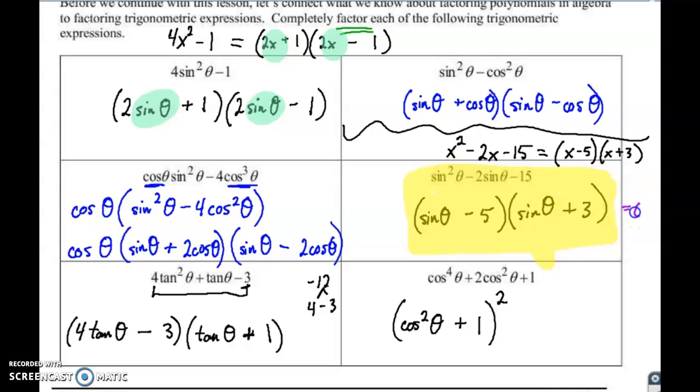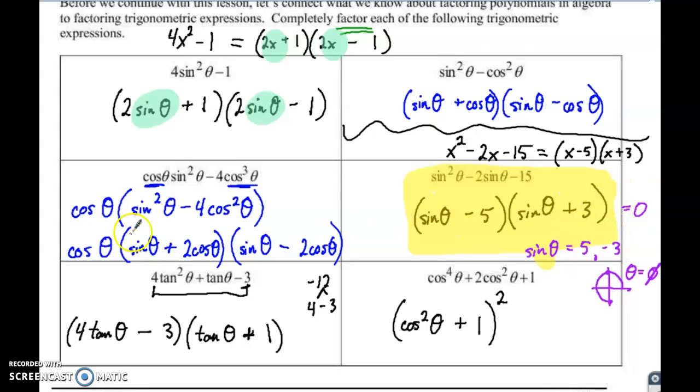If I set that equal to 0, some of you would look at that and say, okay, well, sine of theta is equal to 5 or negative 3. But if you look in the unit circle, the highest that sine ever gets up to is 1. And the lowest sine ever gets down to is negative 1. So it is possible that you factor things, you get to an equation, but then theta is impossible. There's no such values for theta that will make this equation true.